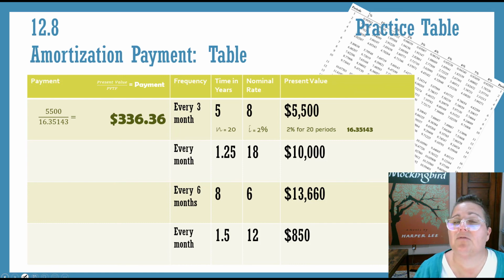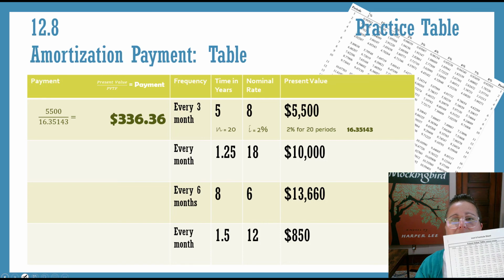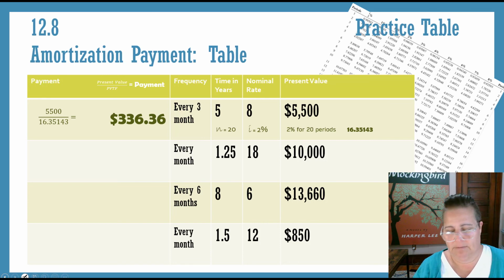I am now going to go silent and let you do the rest. Hopefully you take this opportunity with a calculator and a paper and pencil and work a couple of these out. Make sure you know how to do them. Make sure you're using the table for present value, that is table 12.2, when you do the amortization ones.